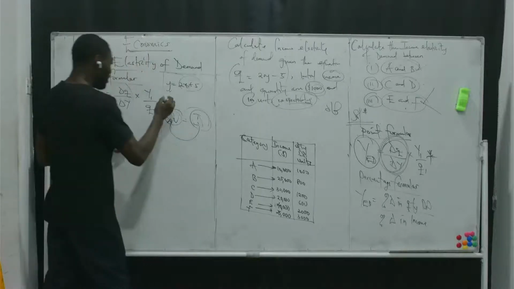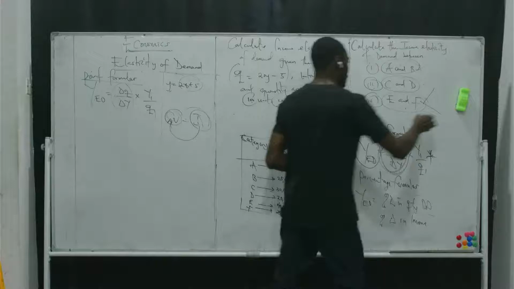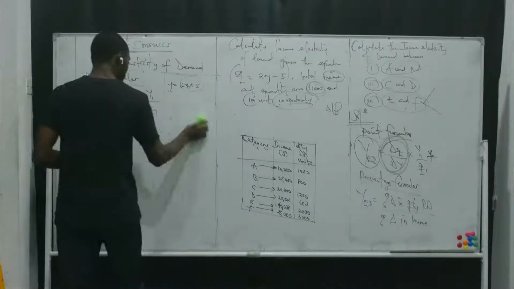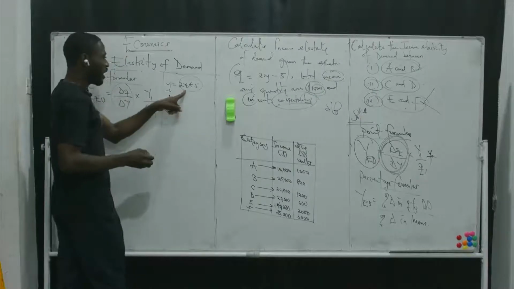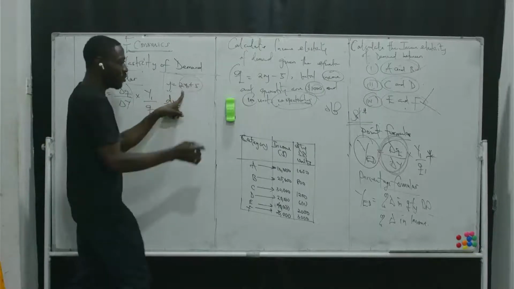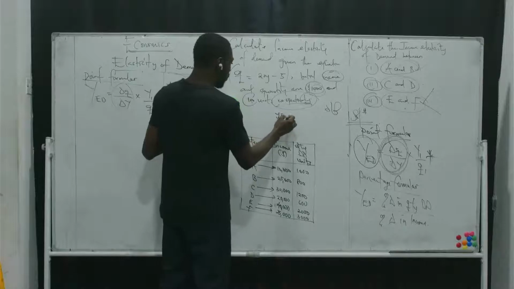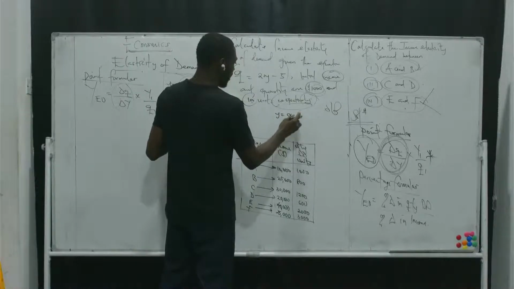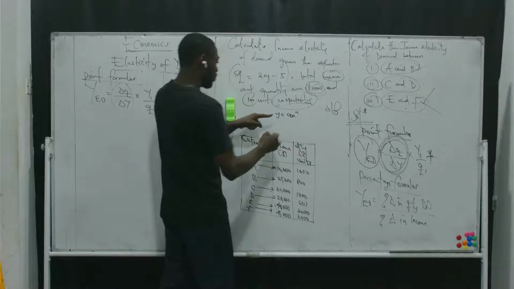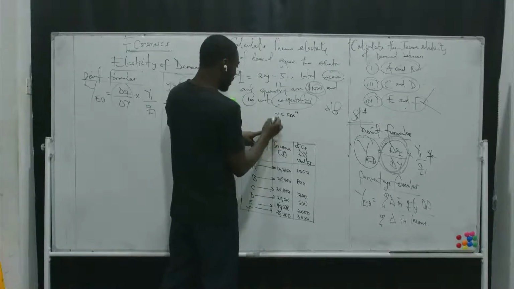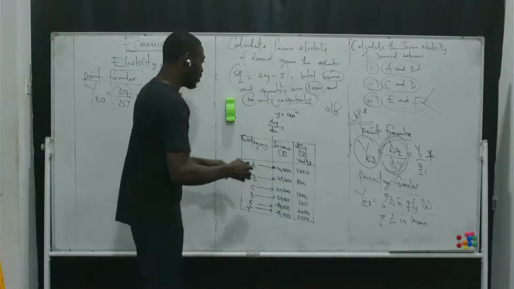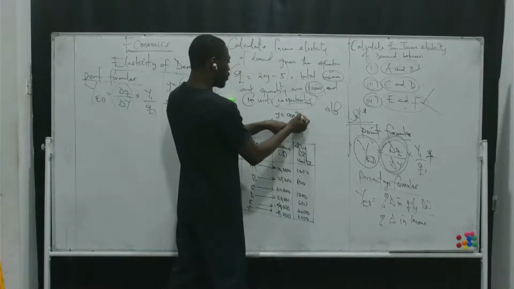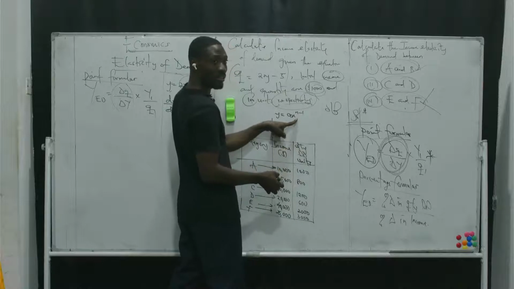So we come here. dy/dx. Now this is 2x. This is the rule: if y equals a x to the power n, then dy/dx will be, you are going to subtract 1 from the power.